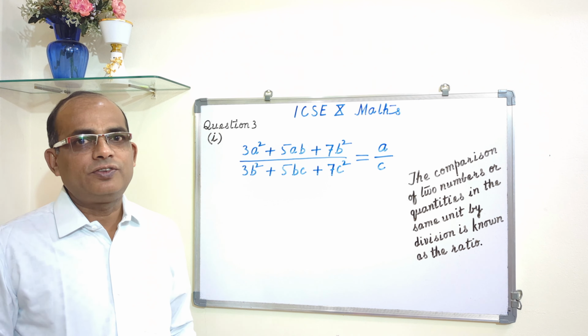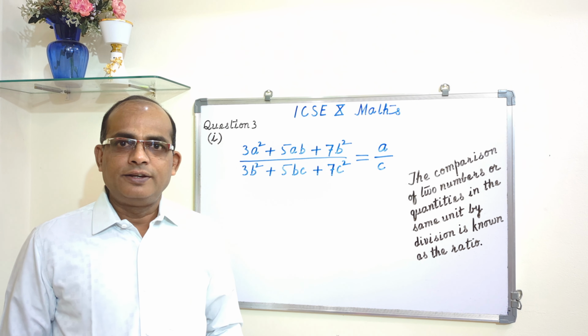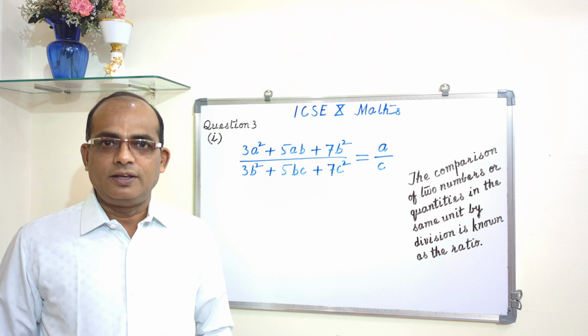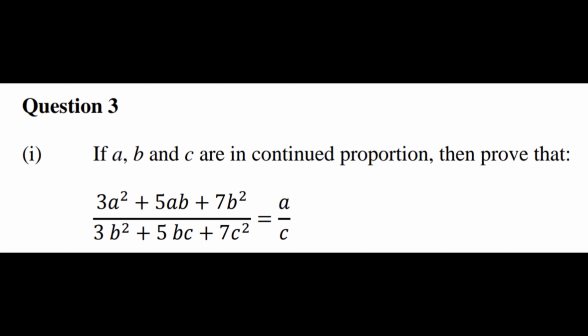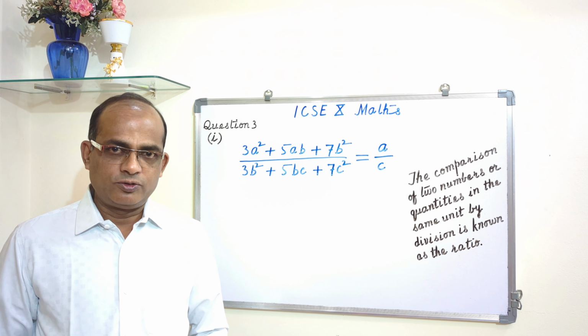This is the first sub question, and the question is: if A, B and C are in continued proportion, then prove that (3A square plus 5AB plus 7B square) divided by (3B square plus 5BC plus 7C square) is equal to A upon C. This we have to prove.